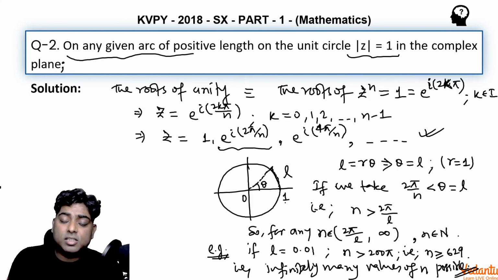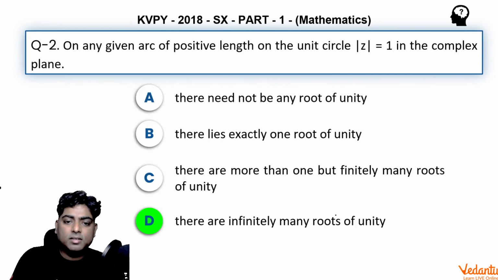For n equal to 630, for n equal to 631, corresponding to the arc length given. Similarly, for any given arc length, there would be infinitely many values of n corresponding to which the roots of unity will fall upon this arc. So the answer must be that there are infinitely many roots of unity.